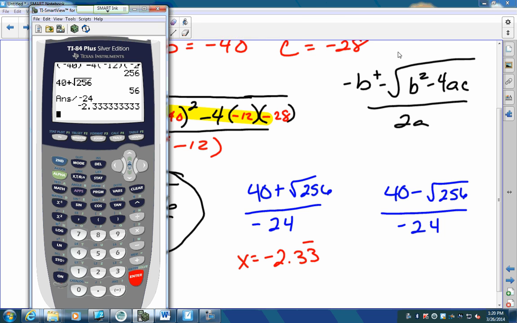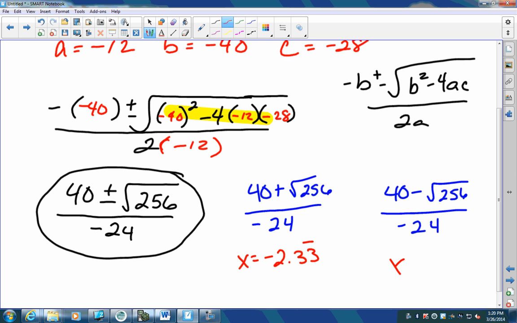Now the next one, we'll do 40 minus the square root of 256 and press enter. And now divide by negative 24. This one crosses nicely at x equals -1.